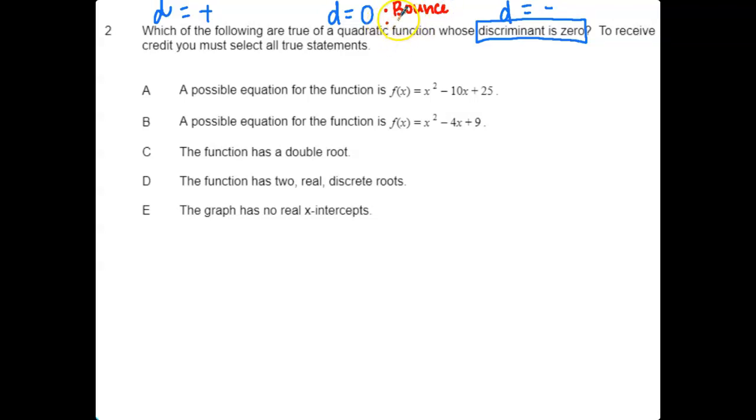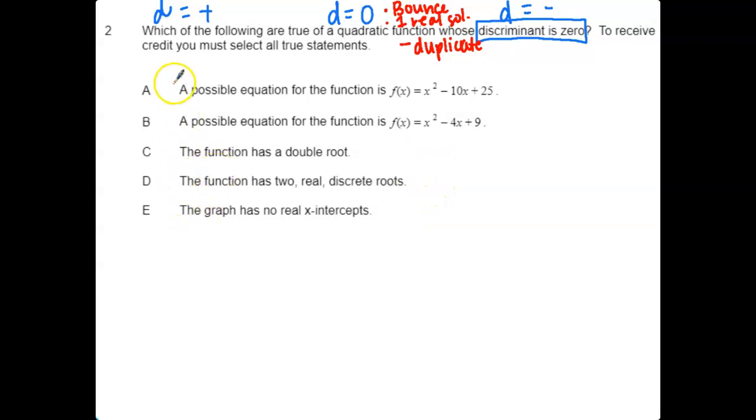We would normally say that there is one real solution, and that's because we would have a duplicate. For example, we might get x is equal to 2 twice, or x is equal to 5 twice. But whatever that solution is, it's a duplicate, which is why it looks like one real solution, because it bounces off the graph.